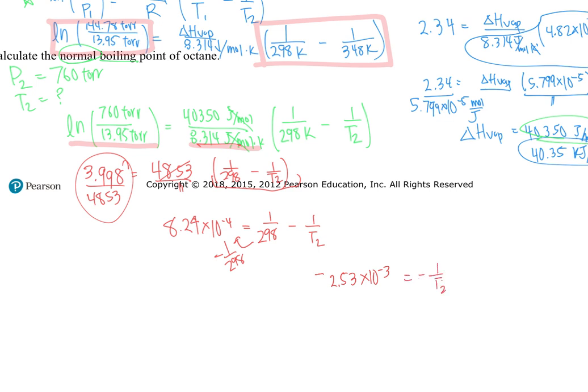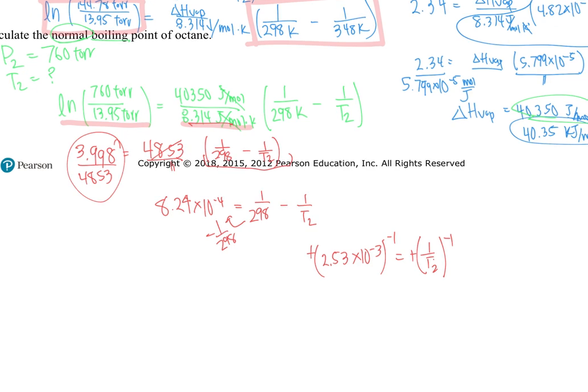The nice thing here is our negatives are just going to cancel each other out, so we just have positive. And then to get T2 on the top, we're just going to do the inverse of both sides. So I'm going to take my value, and you can find on your calculator x to the -1. You'll see that sometimes.